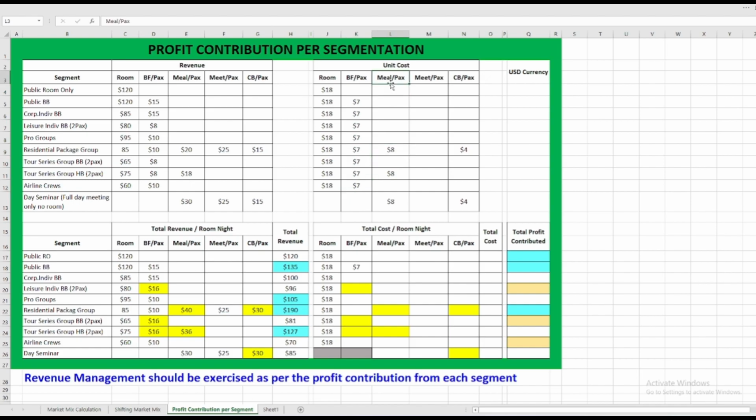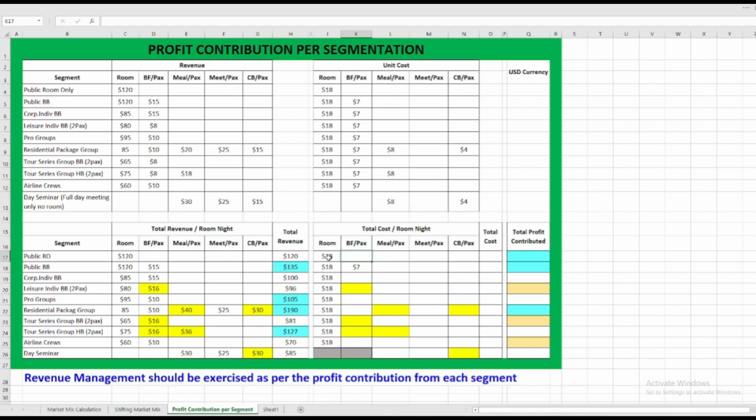This one is cost per meal, lunch or dinner, cost is $8. Lunch or dinner for tour series group half board is $8, and cost for lunch for day seminar group is also $8. And for coffee break, cost per person is $4, same as day seminar group. Same cost of coffee break is $4.